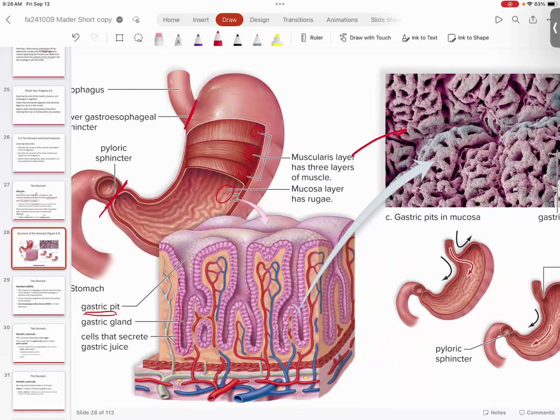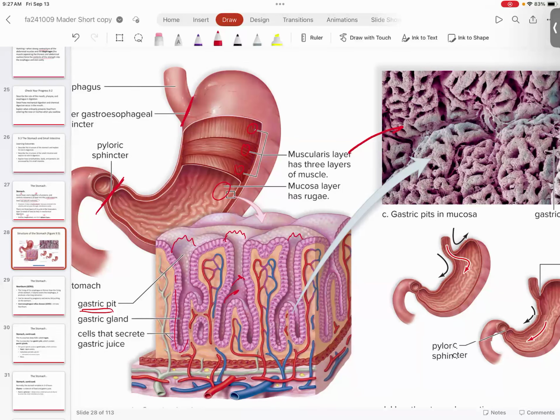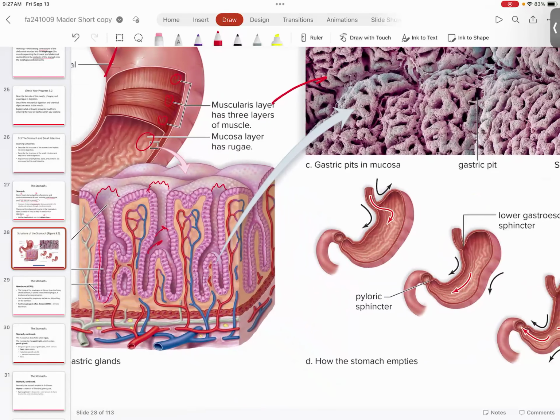Those cells are secreting different things, like acid and enzymes, into this pit, creating a bubbling brew of acid and gastric juice coming out of these little pits. If you've ever seen a volcanic mud pit where you see gases bubbling out of the mud, that's probably what it looks like on the inside of the stomach, as these gastric pits are secreting this out into the stomach itself.